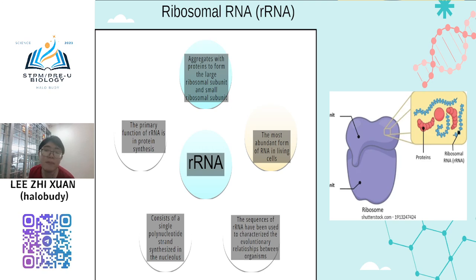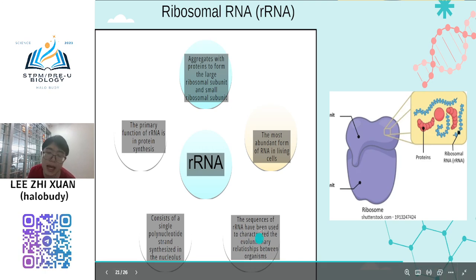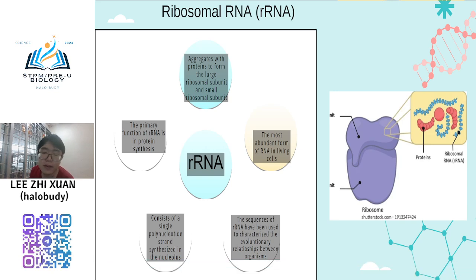And finally it consists of a single polynucleotide chain synthesized in the nucleus. So this one is more to bioinformatics. The main important thing is that rRNA is one of the parameters that we can use to determine the species, especially in bacteria.